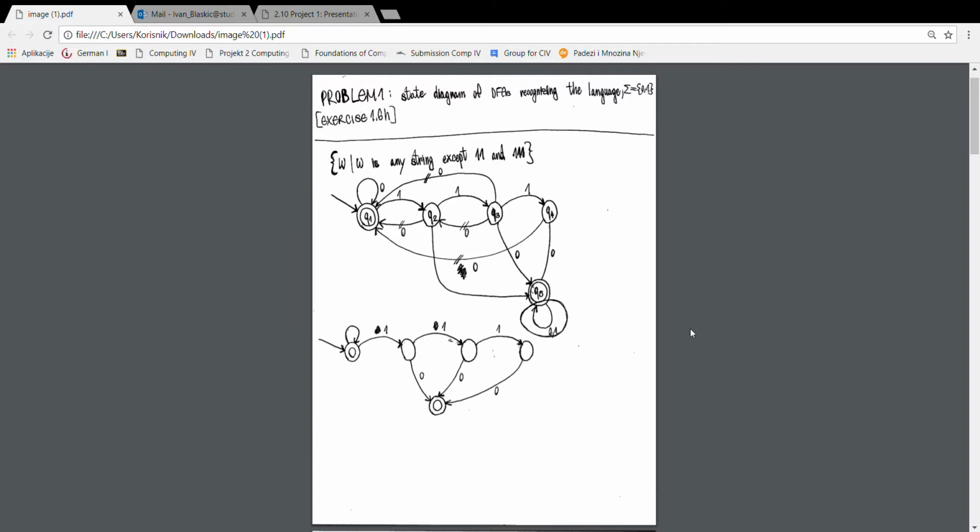The first problem that I chose is exercise 1.6 H. This is my most painful mistake. As you can see on the paper, I didn't read the problem well.